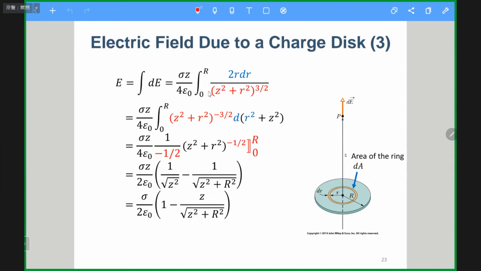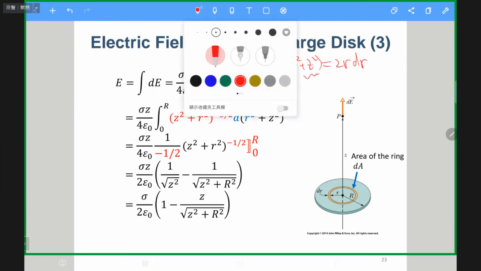This integration is not so difficult because it is like a change of variable, or the chain rule, which means d of (r squared plus z squared) equals 2r dr. Because z is a constant with respect to r. r and z are independent. r is pointing to this side, and z points to another side. So this is like a constant.